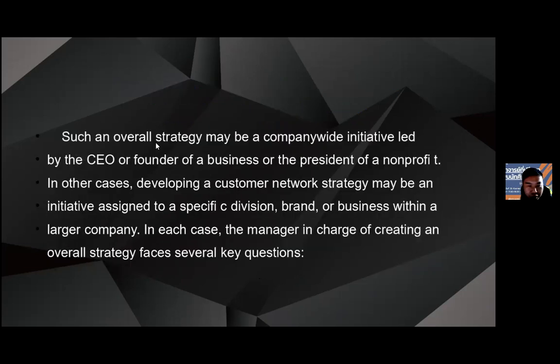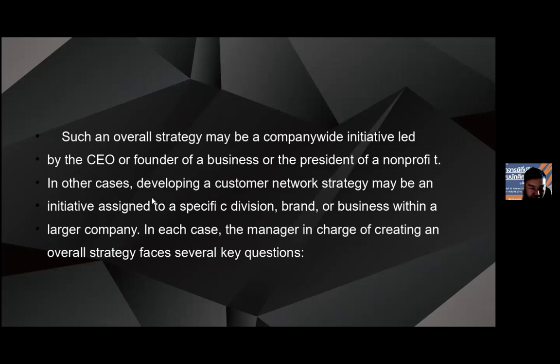Such an overall strategy may be a company-wide initiative led by the CEO or founder of a business or the president of a non-profit.